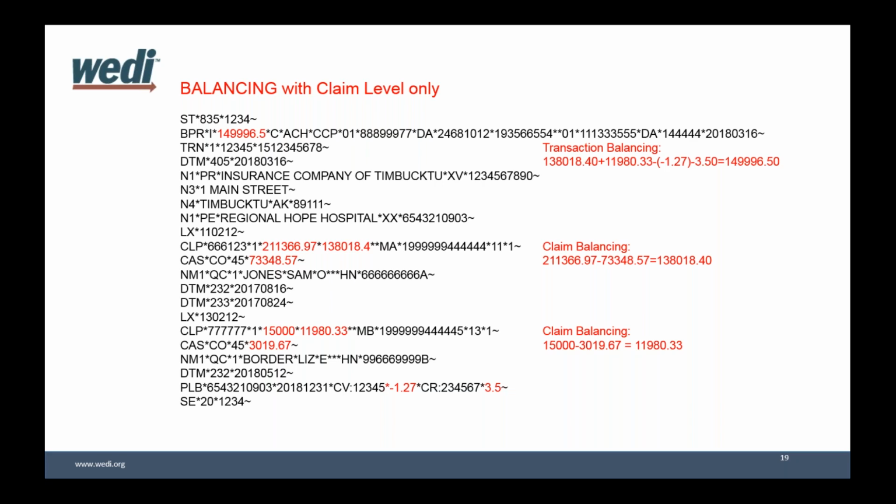So all of these numbers start coming into play, and so here we've got just the claim level, which is a bit simple. You'll see the next example as we get a little bit more complicated, but this is introducing the negative positive concept and also inclusion of the PLB in our balancing. Next slide.